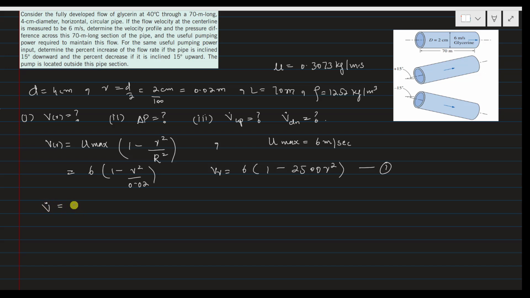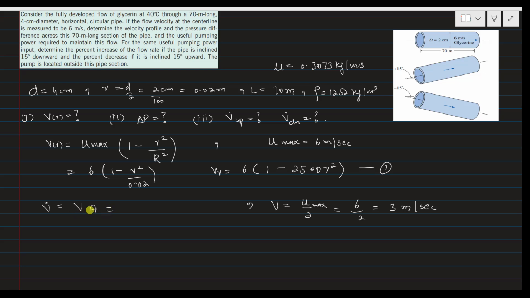It is the average velocity times area. And what is the average velocity? It is half of the maximum velocity, so it is 6 divided by 2, which will be 3 meters per second.